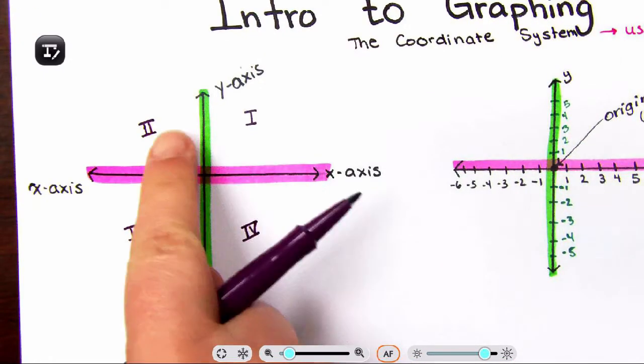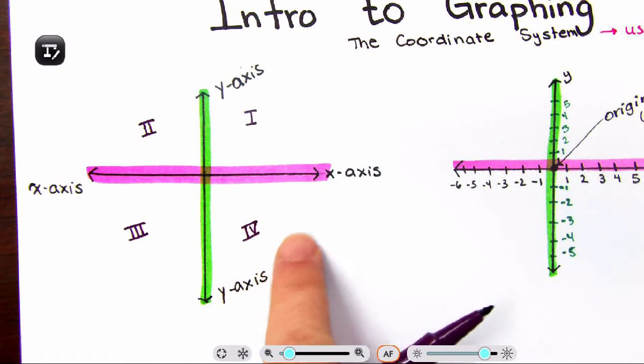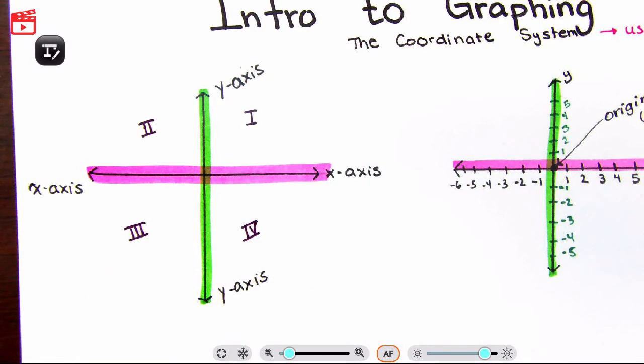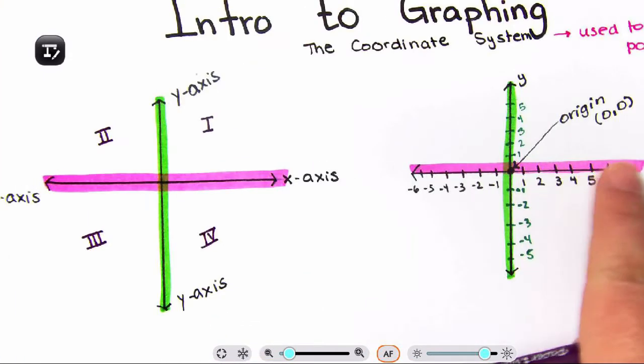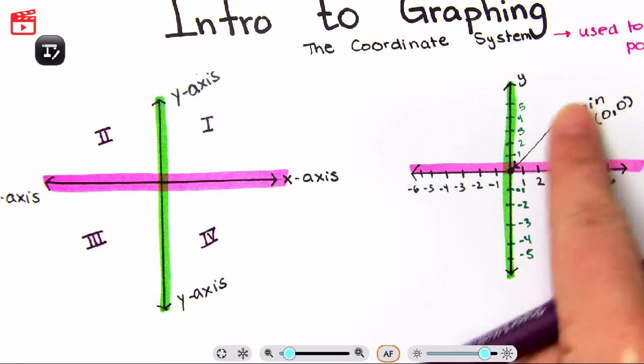We use Roman numerals, symbols like that, in order to identify the quadrants. Now, why does this matter? Notice that there are similarities and differences. In quadrant 1, both the y and the x values are positive.